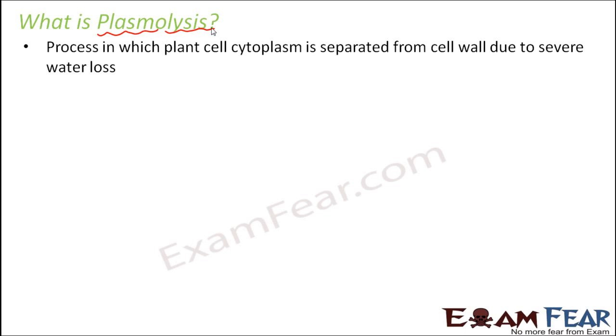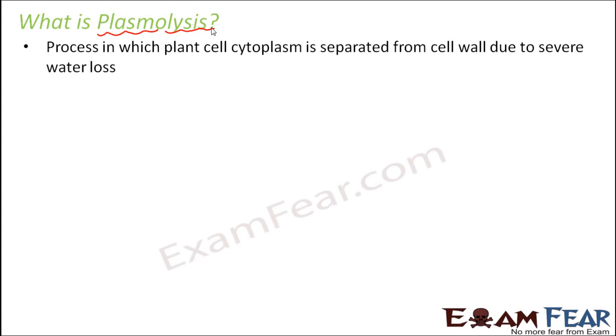Now, as I said, water constitutes a major part of the plant. So inside each and every cell, we have cytoplasm, which is a fluid, which is nothing but mostly water with dissolved nutrients and minerals in it. Now, if the plant cells start to lose a lot of water, what will happen? The cell will start to shrink.